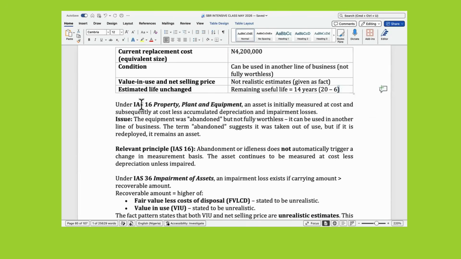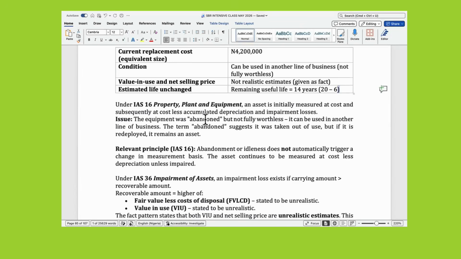So under IAS 16, an asset is initially measured at cost and subsequently at carrying amount, which is cost minus accumulated depreciation and impairment losses. So here, the equipment was abandoned, but it's not worthless because it can still be redeployed for another asset.